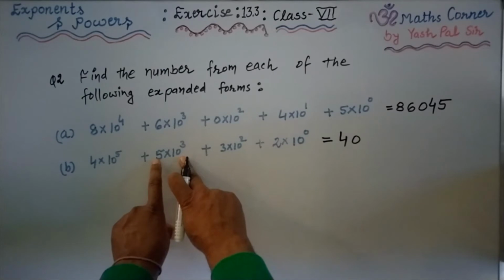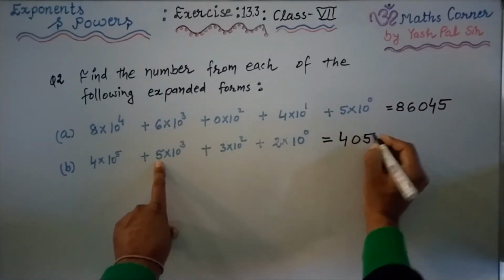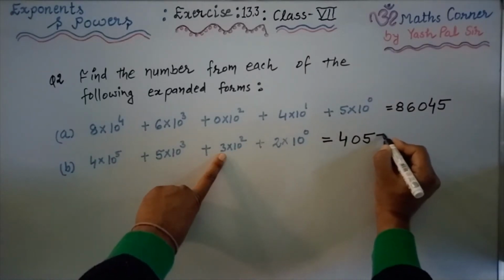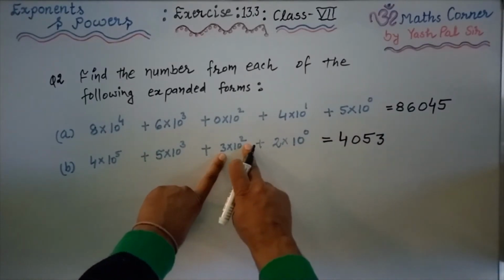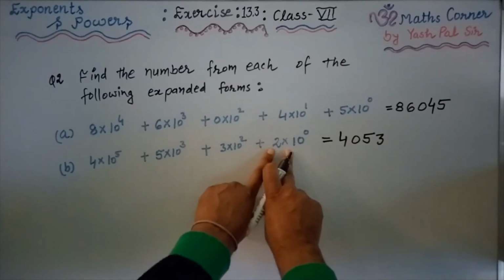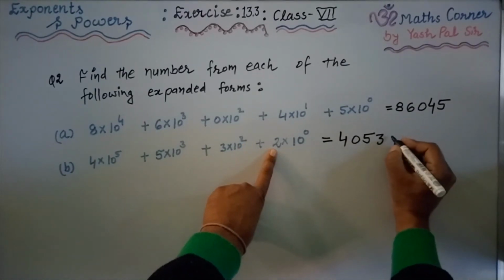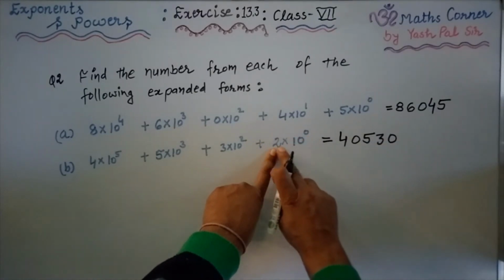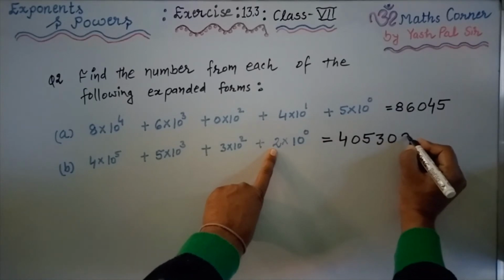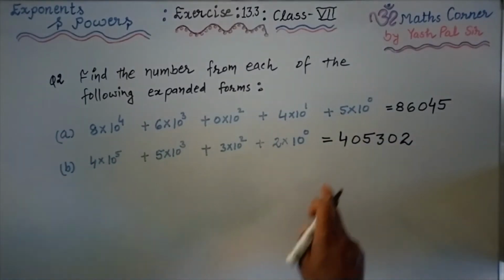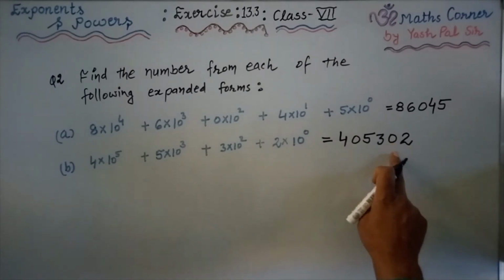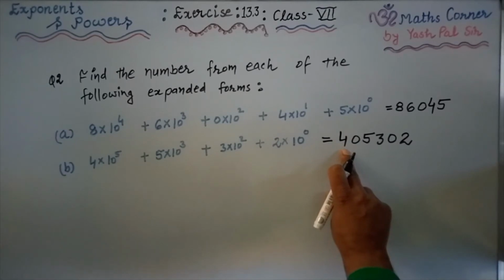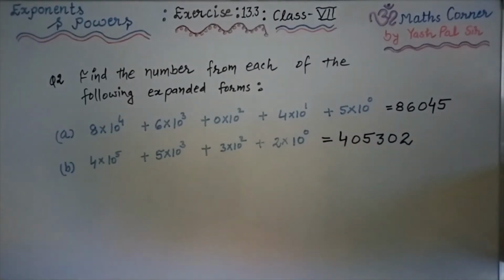After 10 raised to power 4 comes 10 raised to power 3, so here we have 5. After 10 raised to power 3 is 10 raised to power 2. Okay, so we write 3. After 2, there should be 1, but 10 raised to power 1 is missing. It means we need to write 0 here. After 1, this is 0. So the last digit is 2. So what is the number? Ones, tens, hundreds, thousands, ten thousands, lakhs.